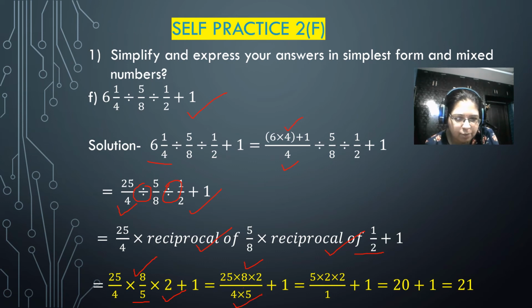Now we cancel 5 with 25, since 5 multiplied with 5 is 25, and cancel 4 with 8, since 4 multiplied with 2 is 8. So we get 5 multiplied with 2 multiplied with 2 in the product of numerators, divided by 1, plus 1. 5 multiplied with 2 multiplied with 2 is 20. 20 divided by 1 is 20, and 20 plus 1 is 21.